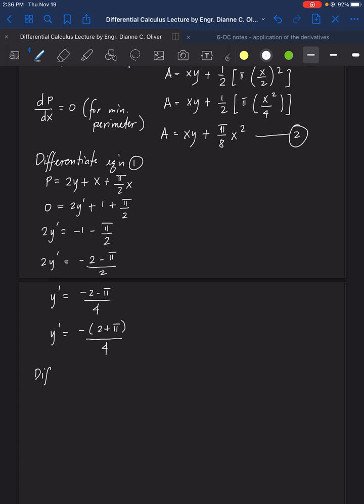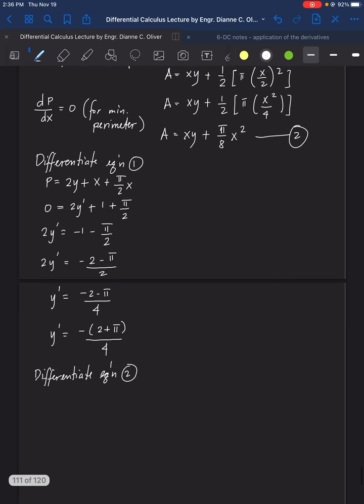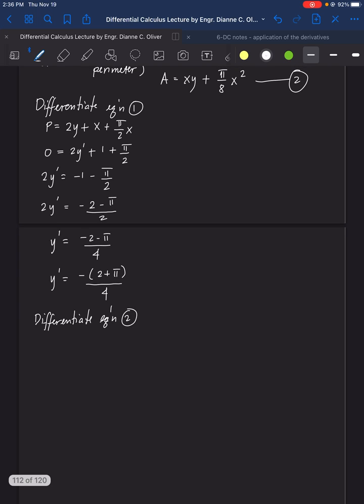Next, differentiate equation 2. Our equation 2 is area equals xy plus pi over 8 x squared.